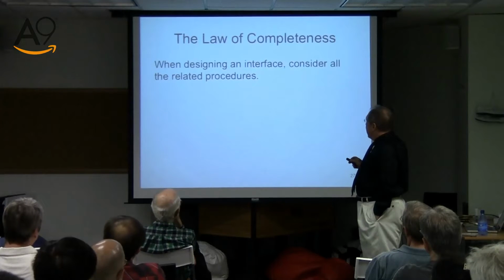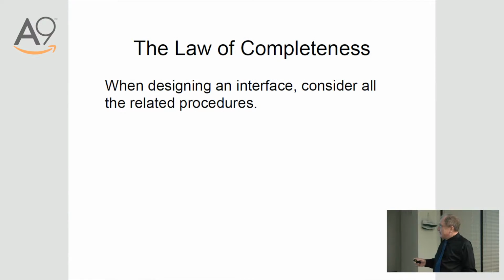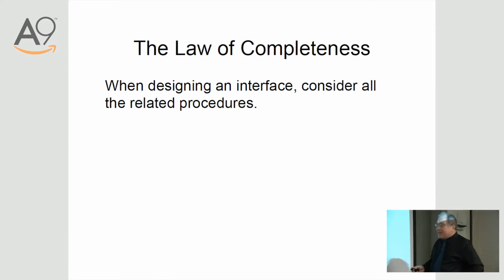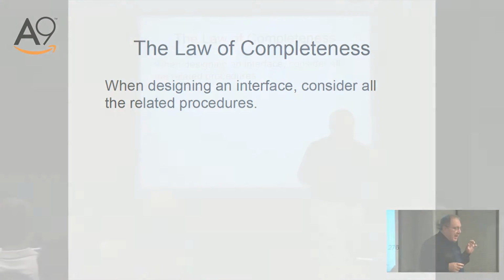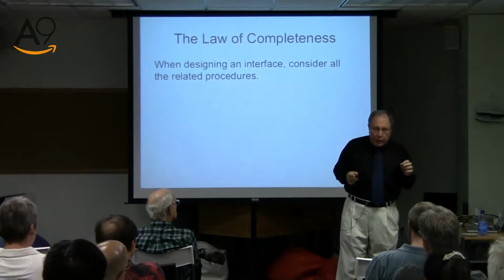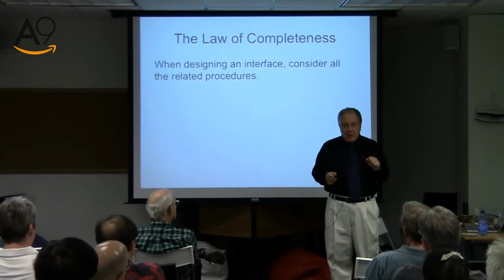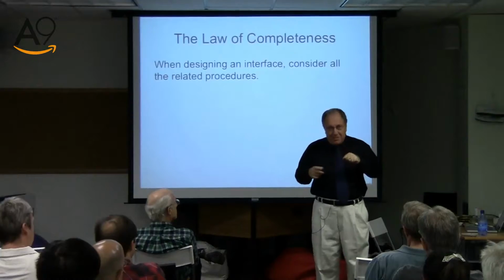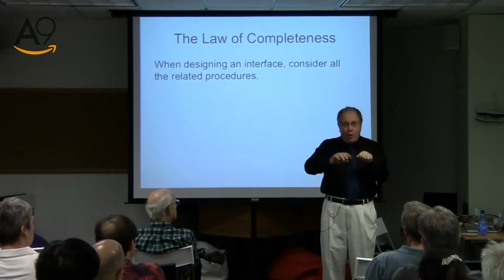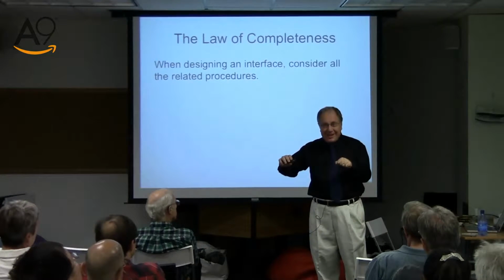So the law of completeness, when designing an interface: consider related procedures. Again, there is a school of thought among some programmers who think that you have to have one interface which does everything. For example, I've seen data structures which have a method called insert or erase.